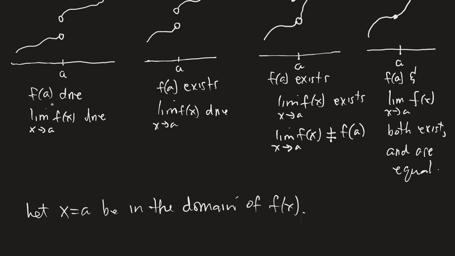And eventually what I'm going to do is rule out all these three by saying this as a part of my hypothesis, or actually a part of the definition. So f of x is said to be continuous.